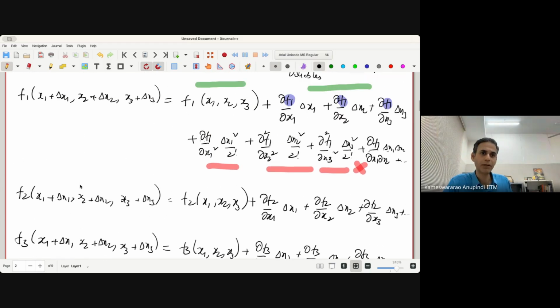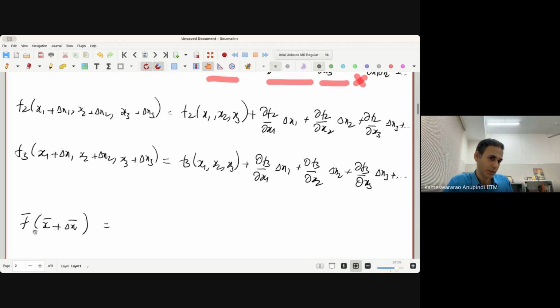I have combined all these three equations into just one equation, the first one, second one, third one. This f bar is a column vector: f1 of x1 plus delta x1, x2 plus delta x2, x3 plus delta x3, similarly f2 of the same values, f3 of the same values. That's what I have written.